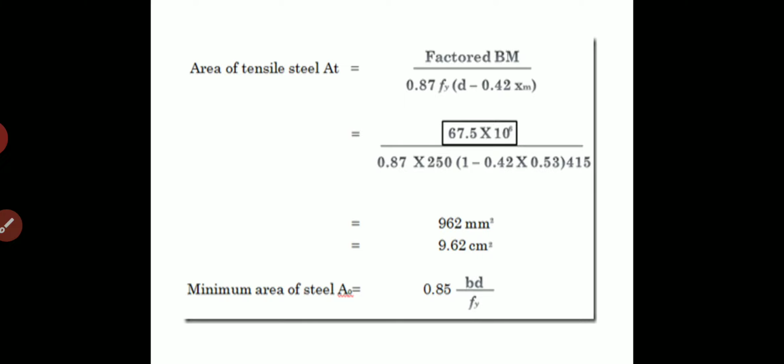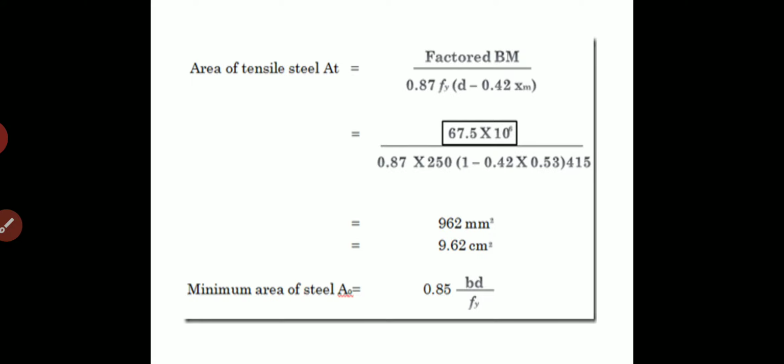We put here the factored moment value, 67.5 into 10 to the power 6, divided by 0.87 into 250 (1 minus 0.42 into 0.53) into 415. So we get the area of tensile steel equal to 962 mm square, which can also be written as 9.62 centimeter square.